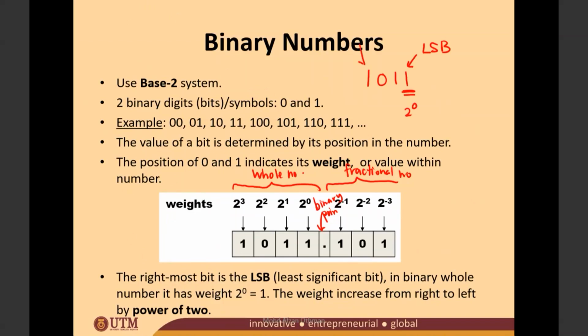Okay, meanwhile, this is the MSB. Paling kiri sekali kita panggil dia sebagai most significant bit. Okay, so yang ni kalau kamu darab dia punya weightage, dia is 2 power of 0, 2 power of 1, 2 power of 2, 2 power of 3, ataupun kita boleh simplifykan dia sebagai 2 kuasa 0 sama dengan 1, 2 kuasa 1, 2, 4, 8, 16, 32, 64 dan seterusnya.